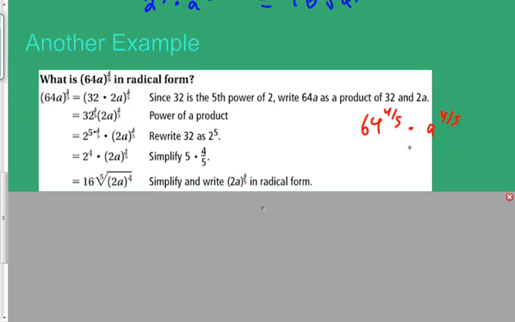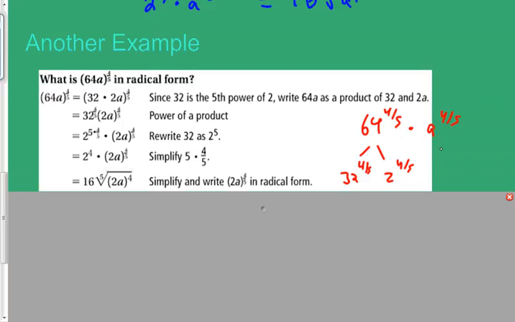The only thing is, when you do 64 to the 4/5 power, you're going to get a weird number. So it's not going to come out perfectly. So that's why we split it up. And this would be 32 to the 4/5 power times 2 to the 4/5 power.